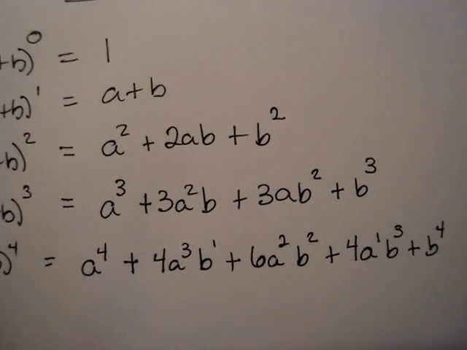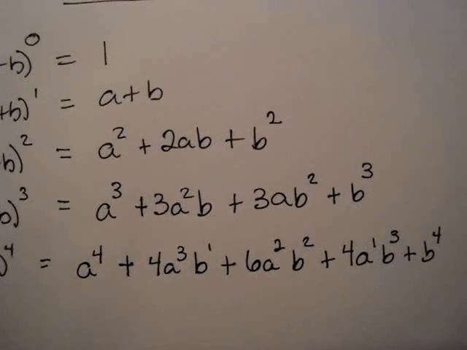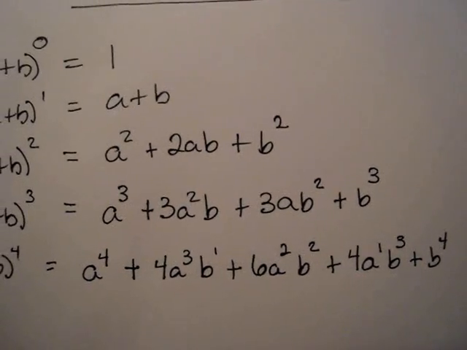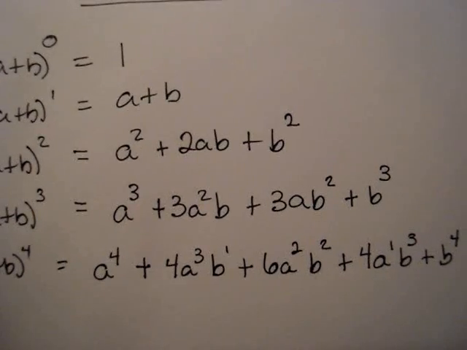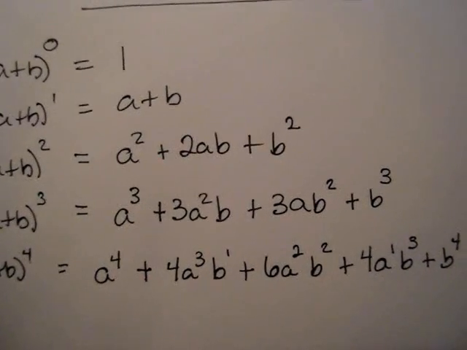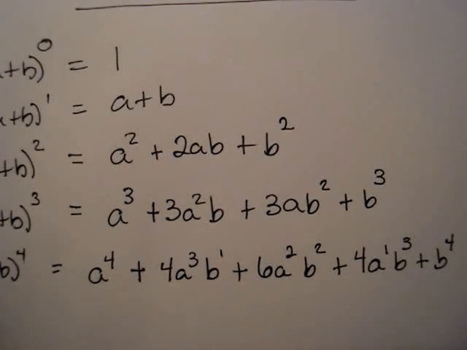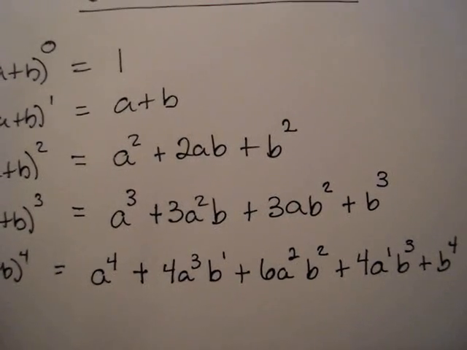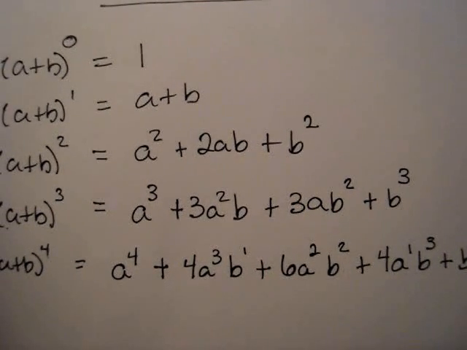Interesting. Okay, so let's look at this pattern for a moment. The first thing I want you to notice is whatever the exponent was on my binomial, there is one more term than that. See, when the exponent was 4, I have 5 terms in my answer. I also want you to notice that it starts with a to the fourth and there is no b.